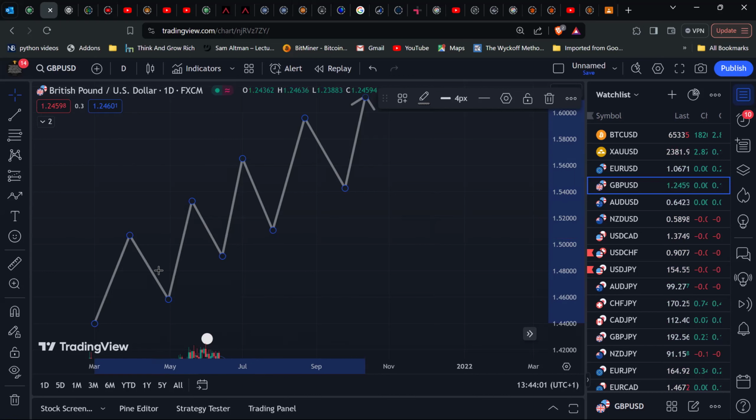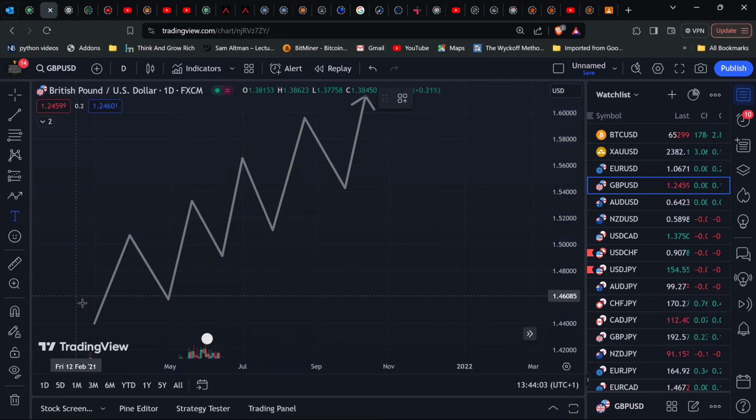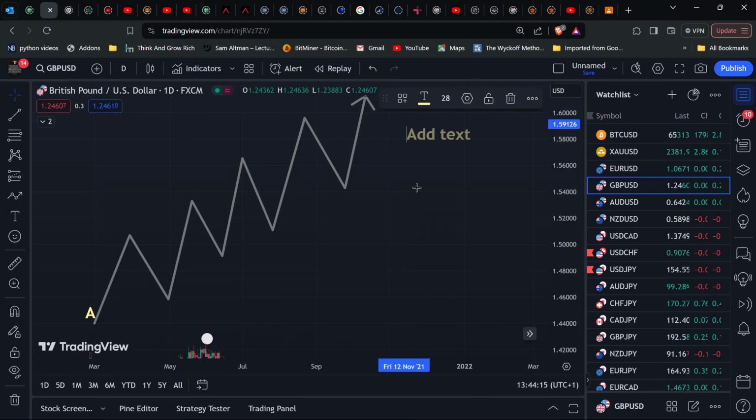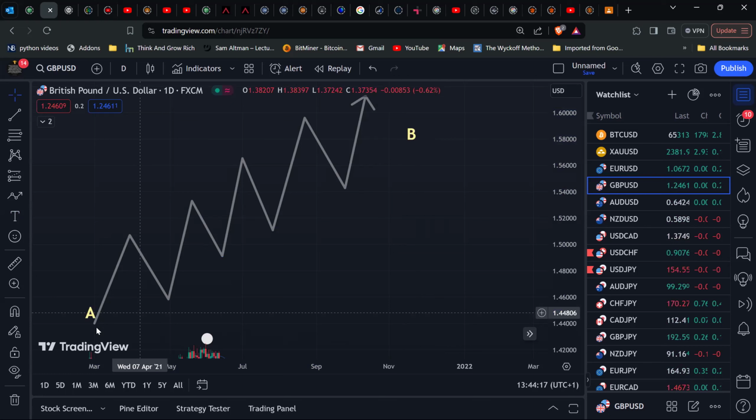The market wants to go from point A, which is down here, to point B, up here. But in order to do that, it will accelerate, decelerate a little, accelerate, decelerate a little, and do that flow over and over again before getting to the actual destination it wants.